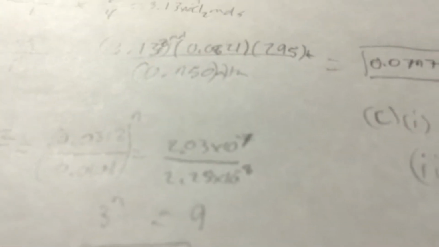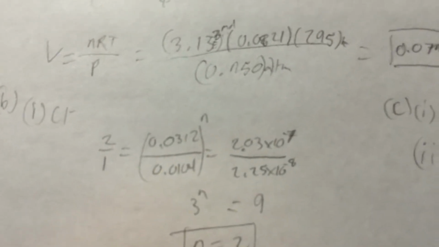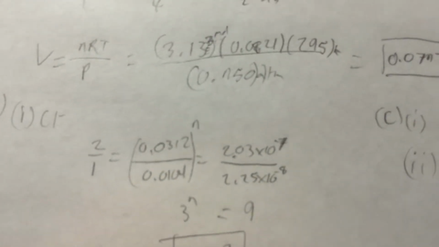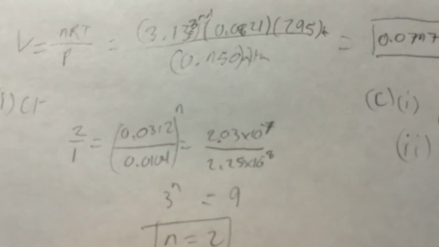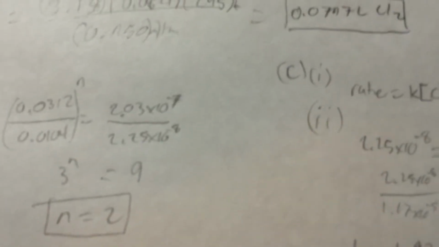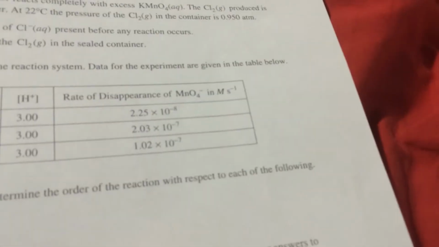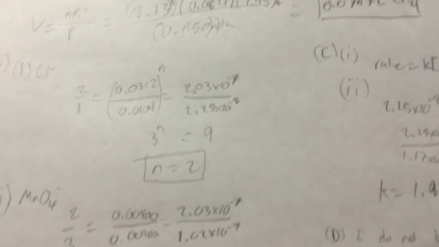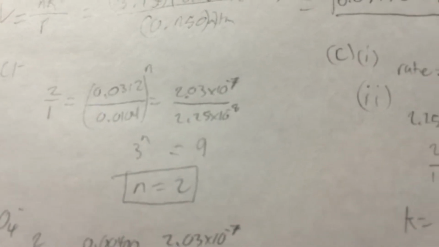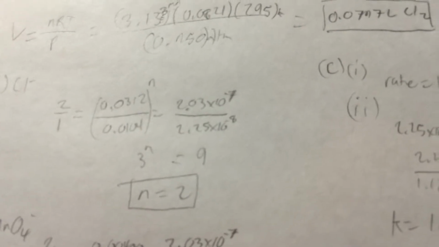So we put 0.0321 over 0.0104 inside the parentheses with n, which is equal to the rate of disappearance, which is also given in the table, and it is 2.03 times 10 to the negative 7 over 2.125 times 10 to the negative 8.